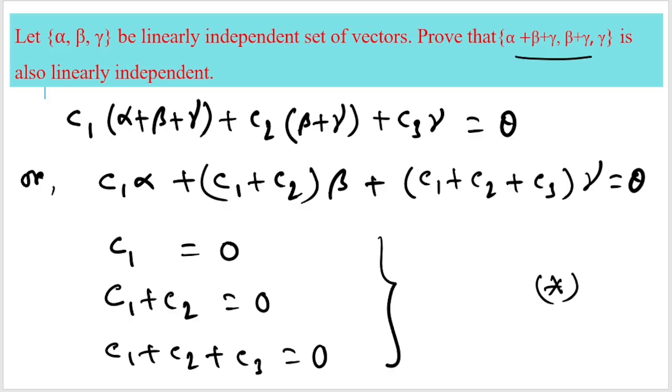So we are getting a homogeneous system of linear equations in terms of C1, C2 and C3. Always remember that here 0, 0, 0 will be a solution, but we need to find out whether there exists a non-zero C1, C2 and C3 or not. So for that we'll follow the solution procedure of homogeneous linear equations.